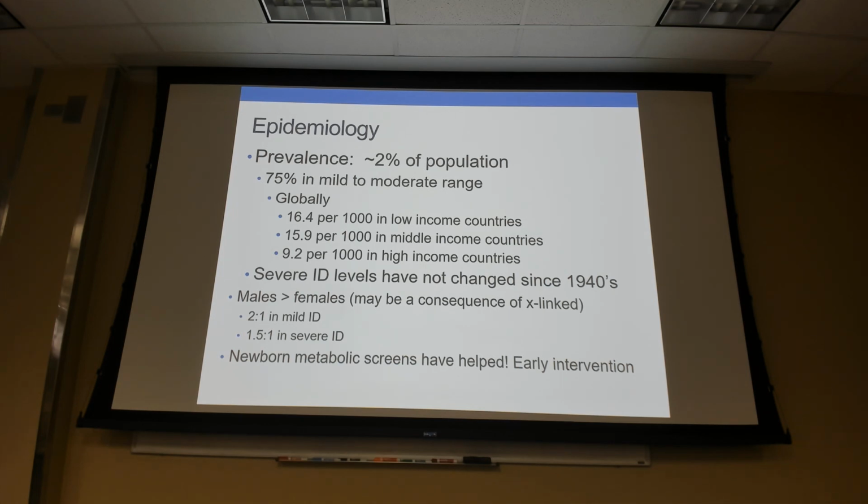We actually see less in many of the other ones because of newborn screens. Remember, we screen at a time where an intervention can change an outcome. So we've screened for these newborns, and the resulting treatment has often changed the outcome.